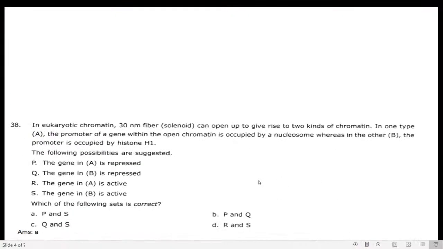Here, eukaryotic chromatin, the 30 nanometer fiber, can open up to give rise to two kinds of chromatin. There are two chromatins.